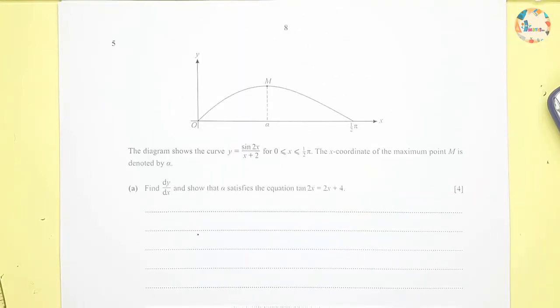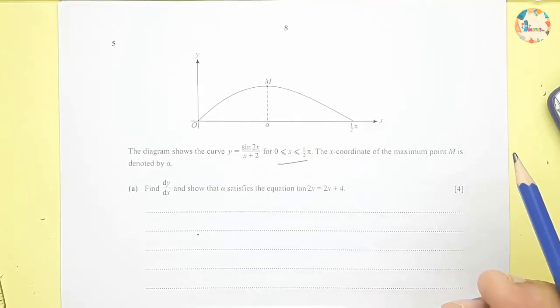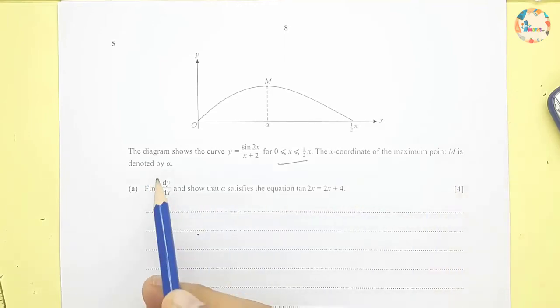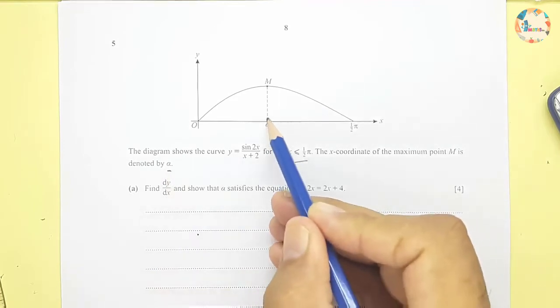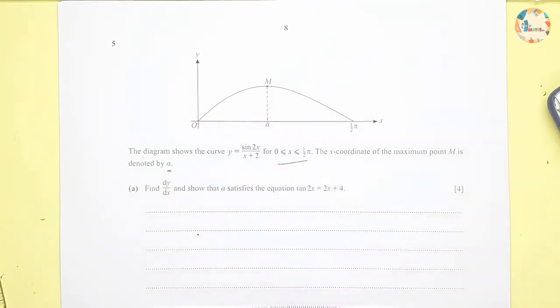Now question number 5. A diagram is given. The diagram shows the curve y is equal to sin 2x over (x plus 2) for this range. The x coordinate of the maximum point M is denoted by alpha. So this x value is alpha.